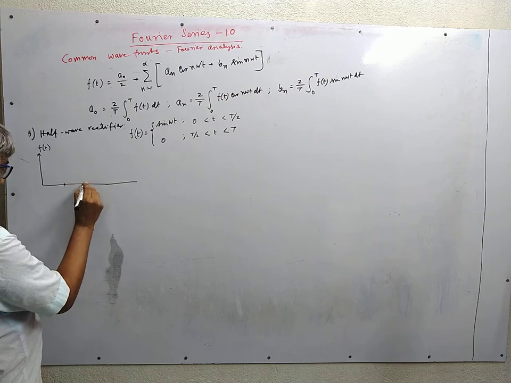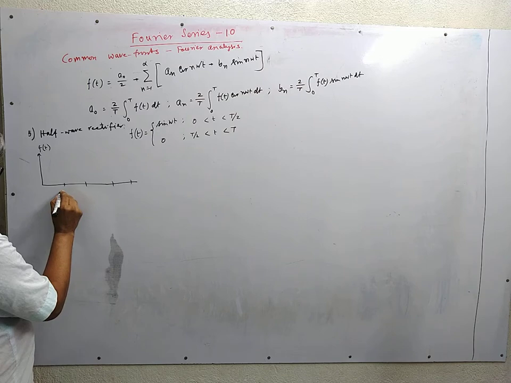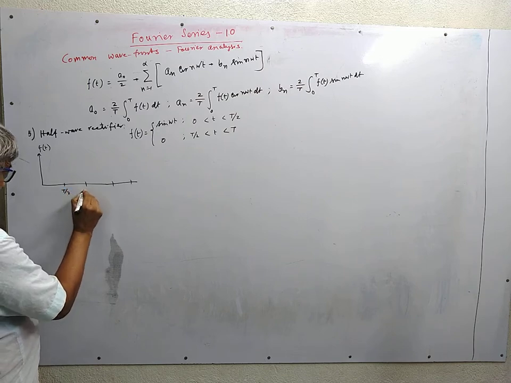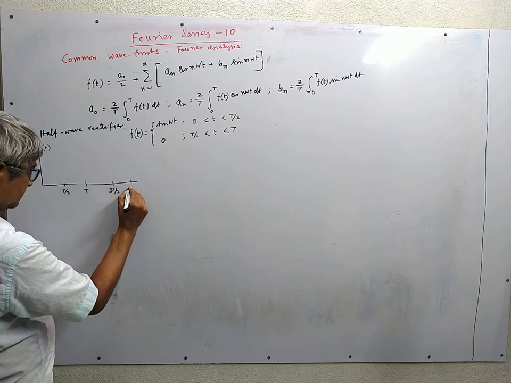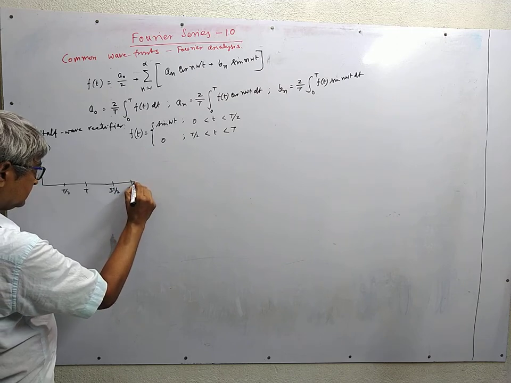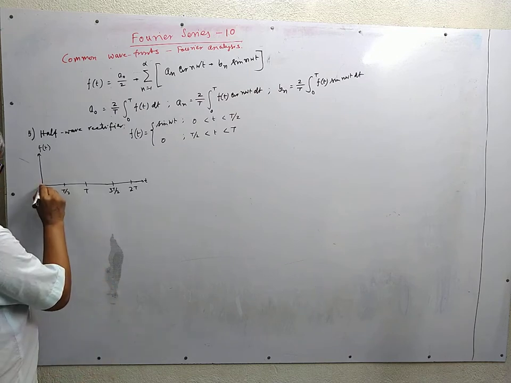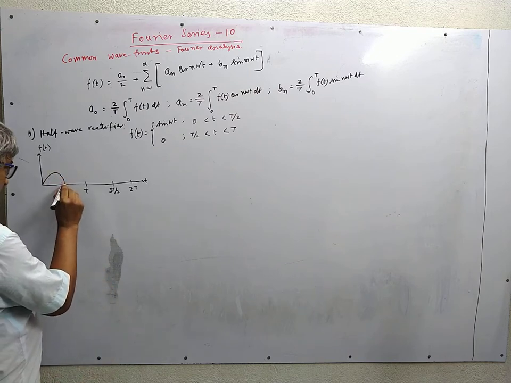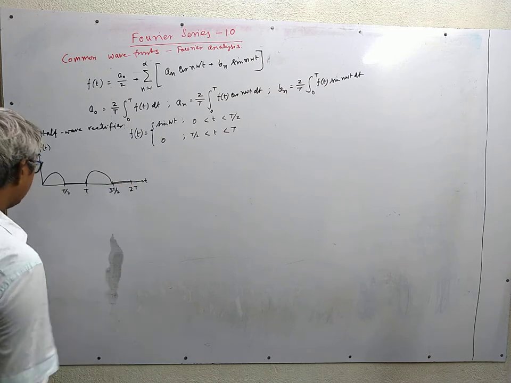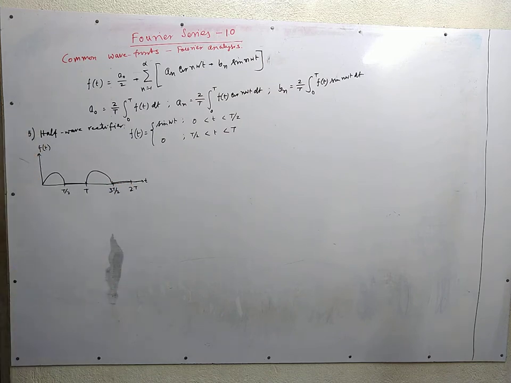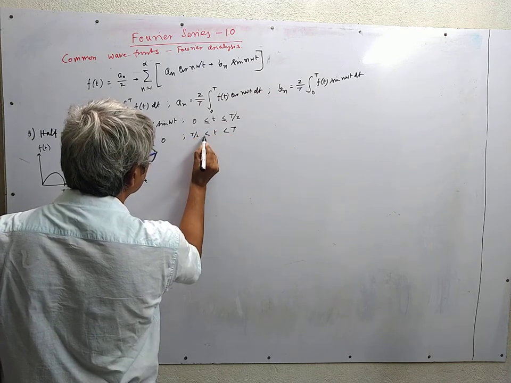T by 2, T, 3T by 2, 2T, t-axis. This is the graph. The graph is continuous, so we should put an equal to sign.